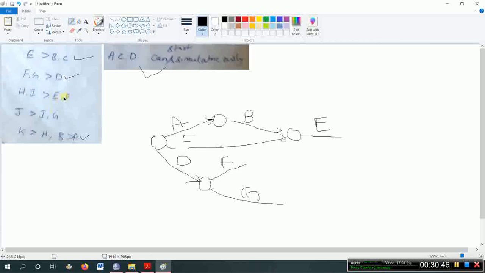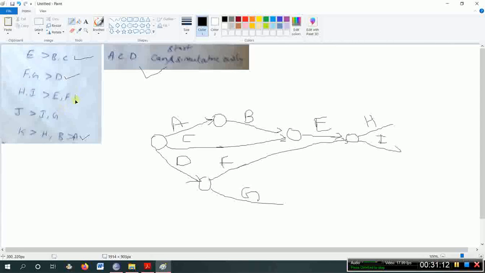Next, after completing E and F, H and I has to start. So complete here, H, this is I.